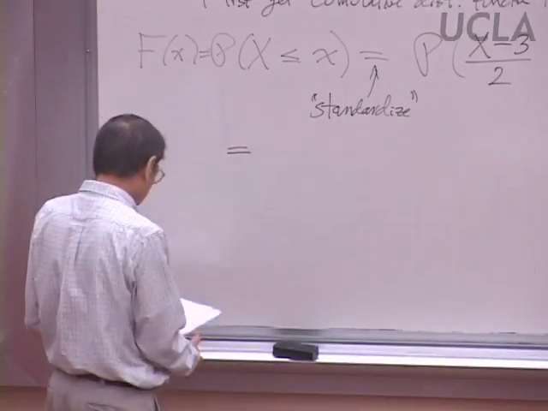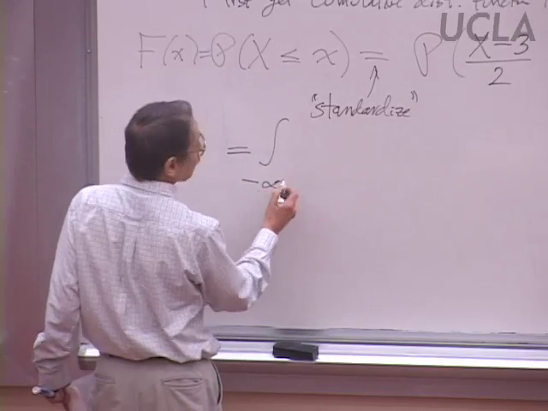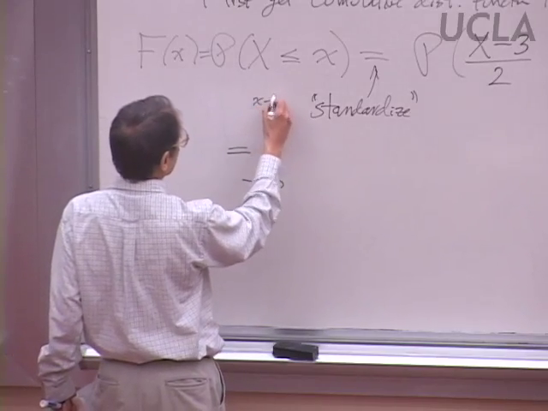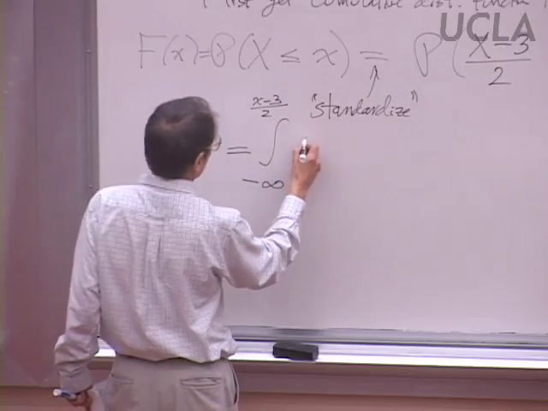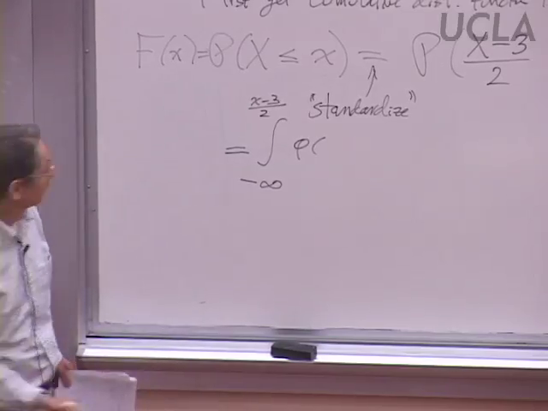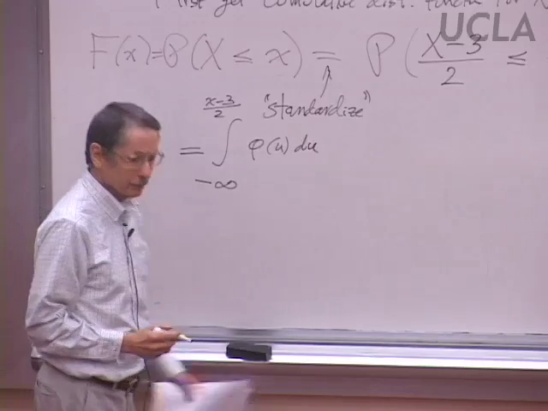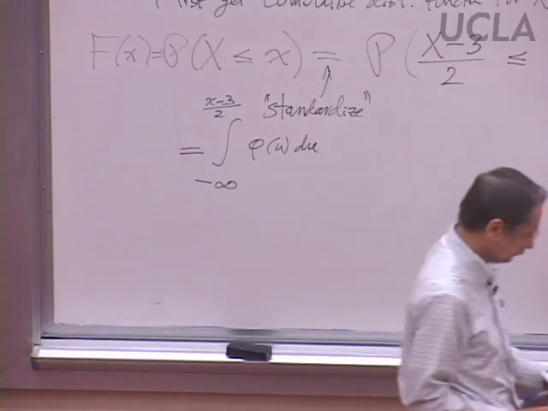So if we write it out as an integral, it's the integral from minus infinity up to x minus 3 over 2 of the density function phi. Better not use the letter x for the variable of integration, better use something else.